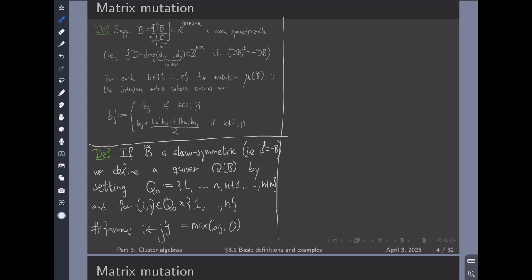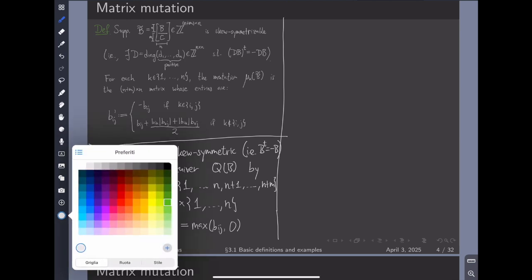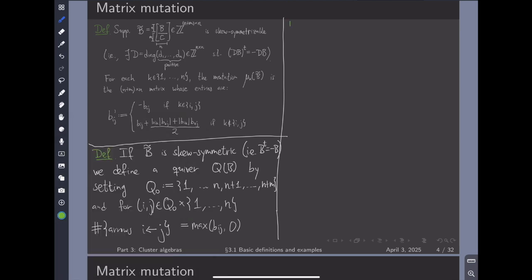And then this mutation becomes the following. Yeah, so given a... sorry, one second. I need to notice something.